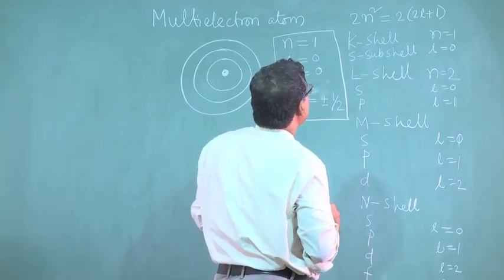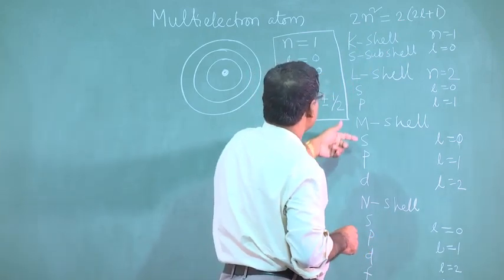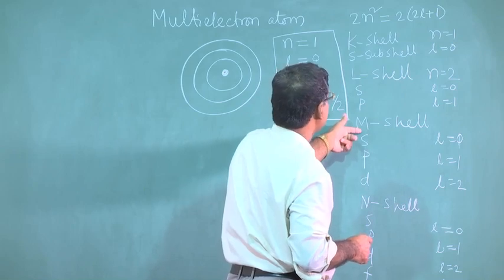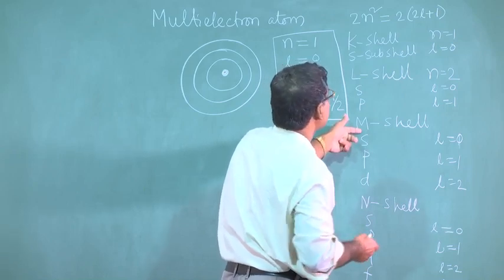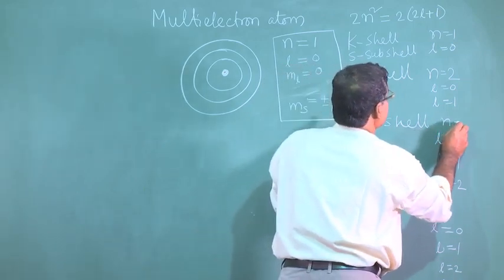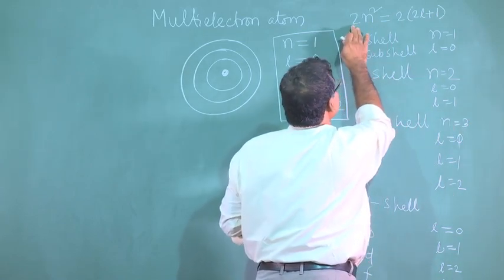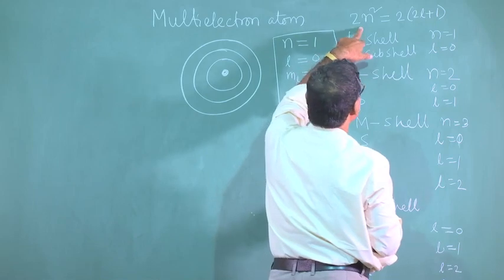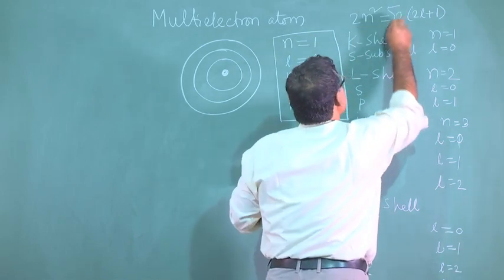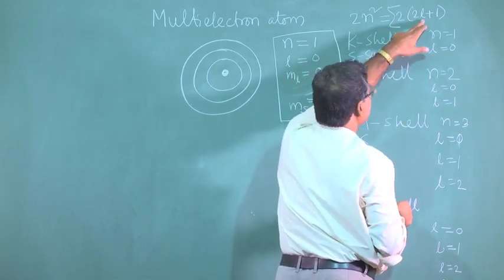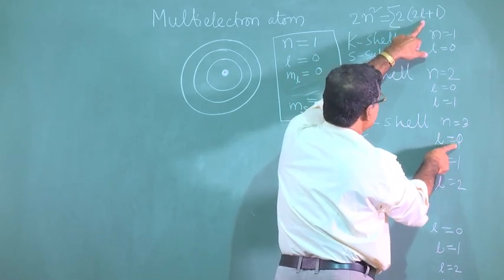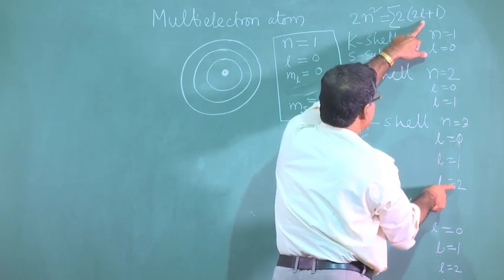For, say, the M shell, n equal to 3, that means 18 electrons. One has to sum over L: L equal to 0, L equal to 1, L equal to 2.